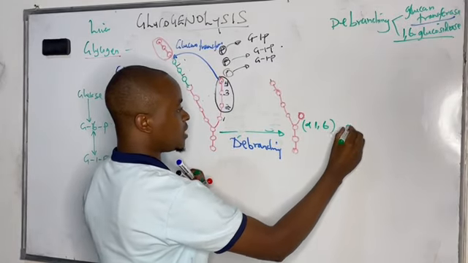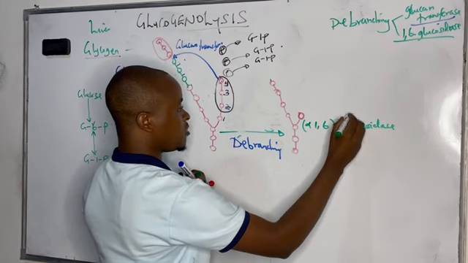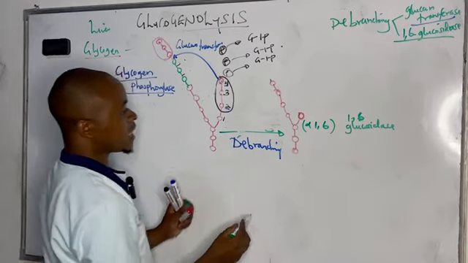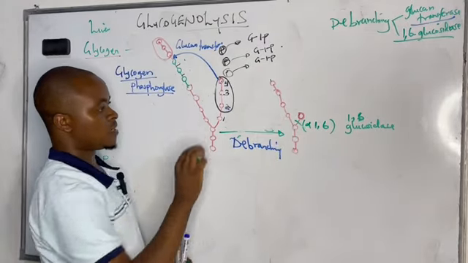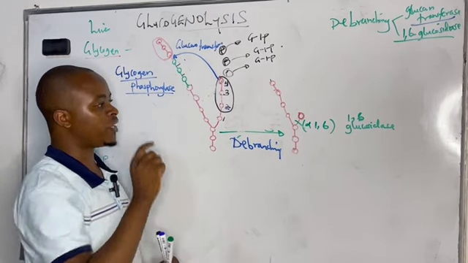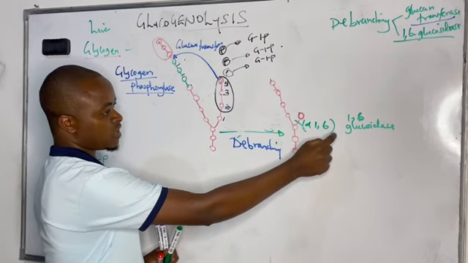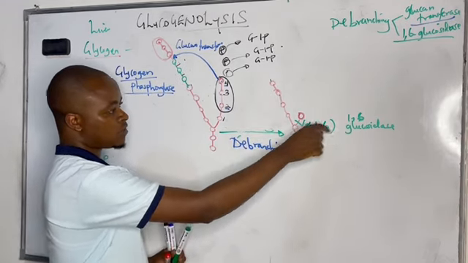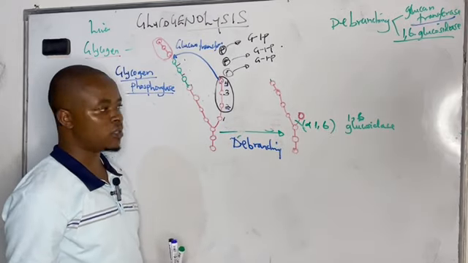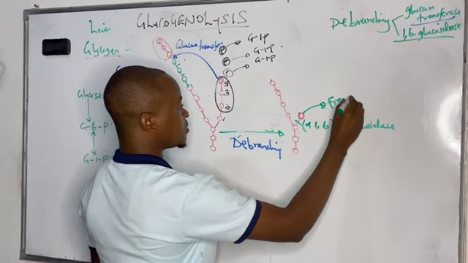We need a glucosidase enzyme, and this glucosidase enzyme is known as 1,6-glucosidase. It is the one that comes and cleaves at the branch point to release free glucose. So a debranching enzyme, 1,6-glucosidase, comes and cleaves the alpha-1,6-glycosidic bond to release free glucose.